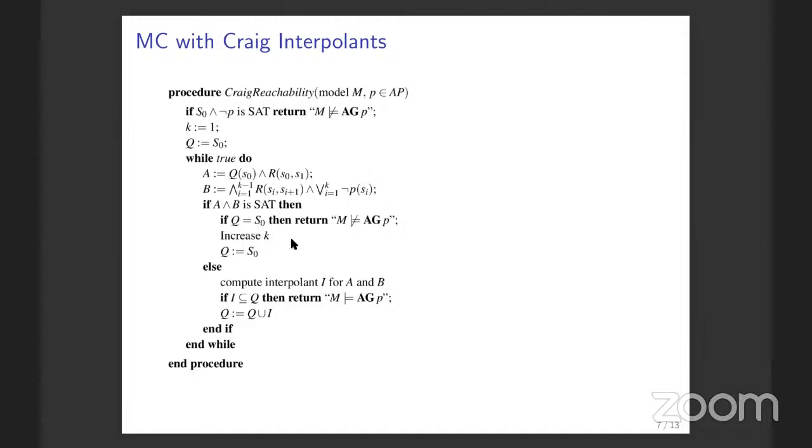The algorithm shown here, for each K, does the over approximated interpolant computation to see if you reach a fixed point. That's what you do.